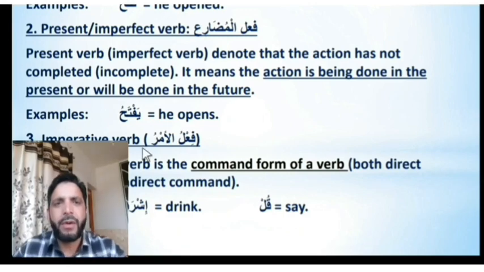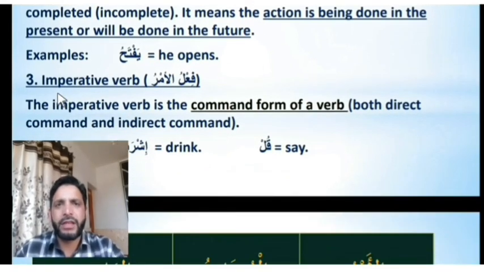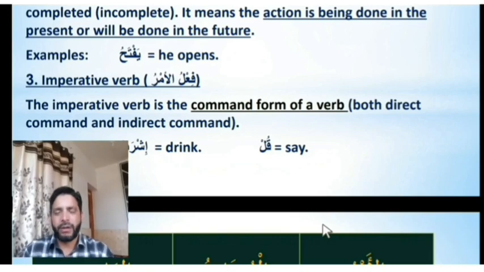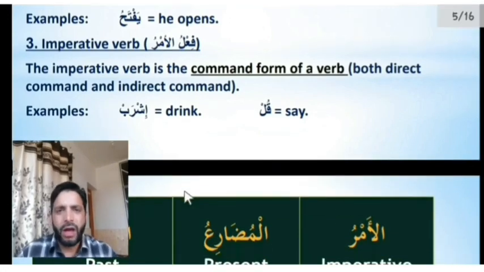Now the third type of fi'l in Arabic is imperative verb, fi'lul amr. Imperative verb is a command form of a verb, both direct command and indirect command. So in fi'l amr, there is order, there is command, there is demand, because you demand something from the second person.